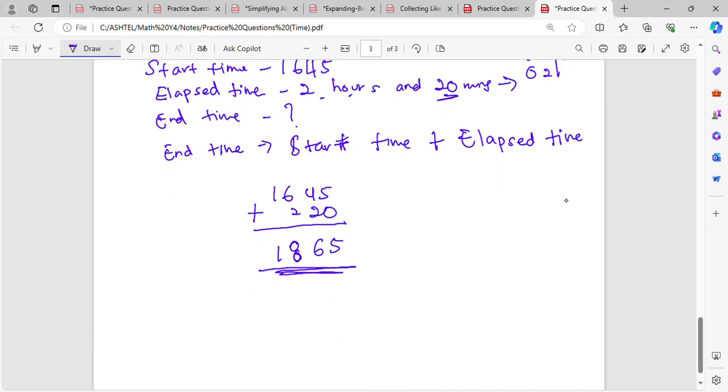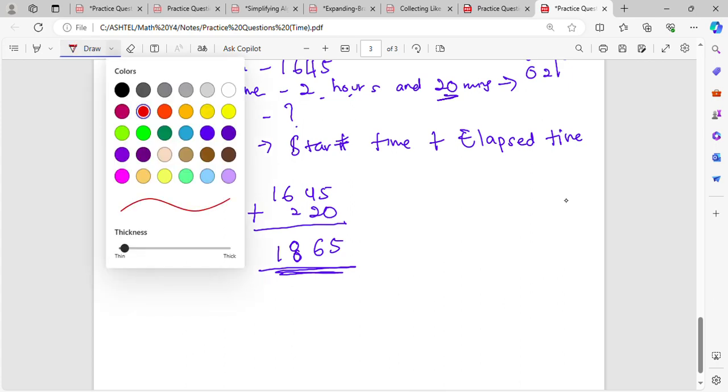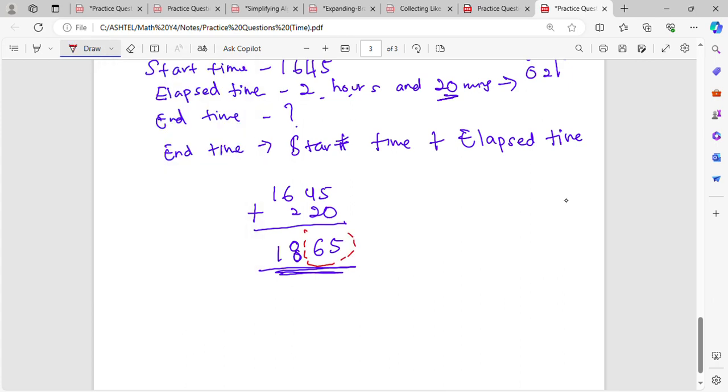But now, as I mentioned previously, in the minutes, if you have numbers above 59, you need to minus 60.